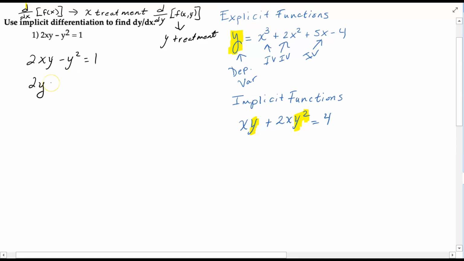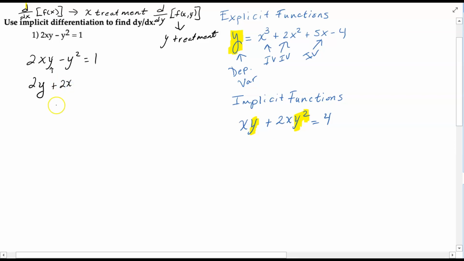So now we apply the y treatment. That means take the derivative of the whole thing again, but now with respect to y. So what we've got here is 2xy. Now the variable here is y, so plus, because it's positive, 2x.